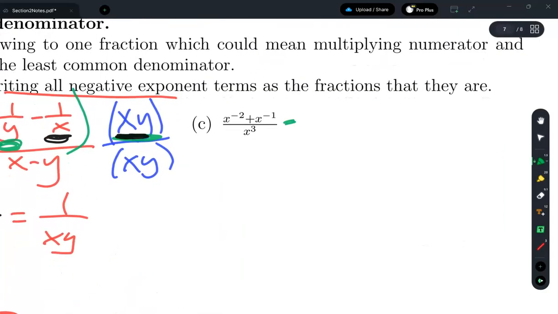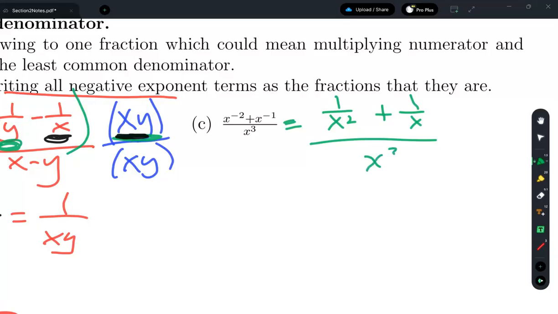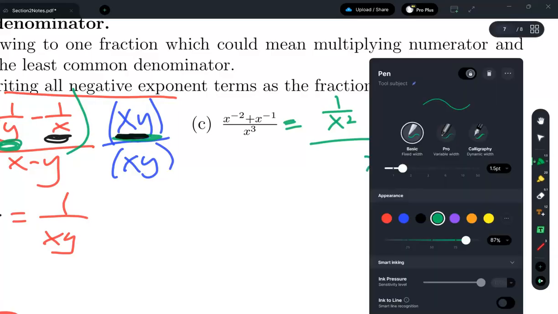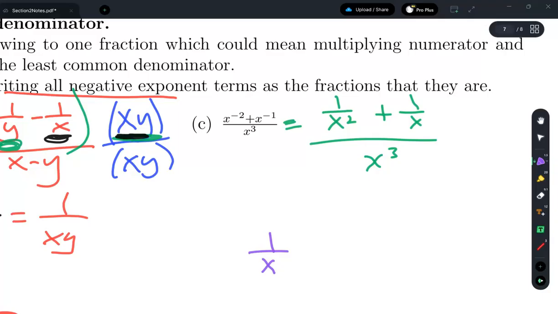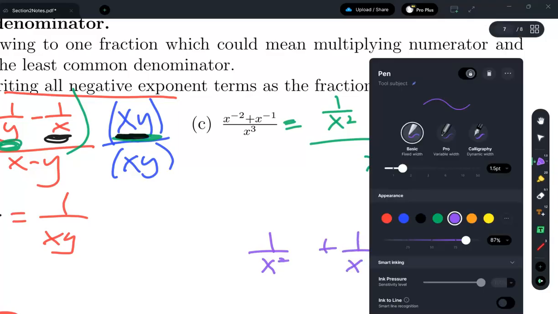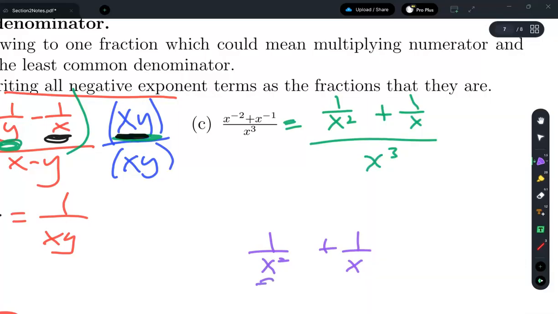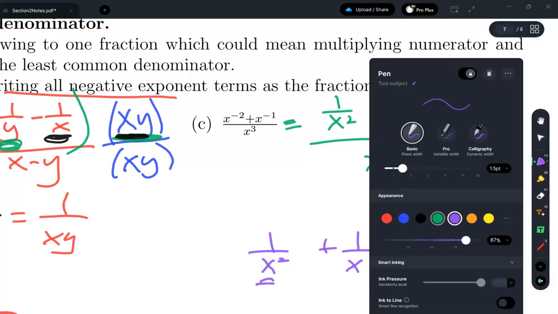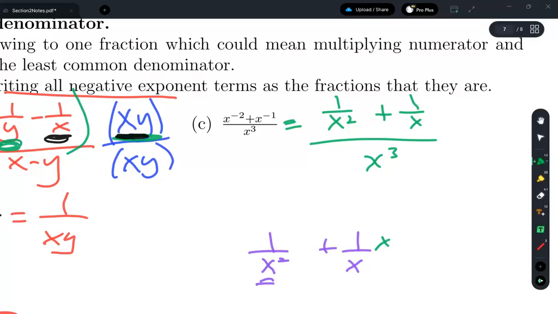All right, let me do these last two here. So this is the same thing as saying 1 over x squared plus 1 over x, all over x cubed. Again, let's think about what common denominators means. The least common denominator: in order to add these together, x squared looks like the least common denominator. So I would just need to multiply this one by x, and then they would both have x squared in the denominator.